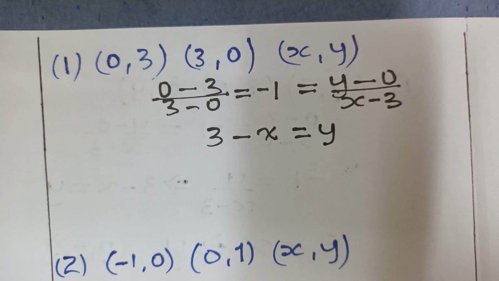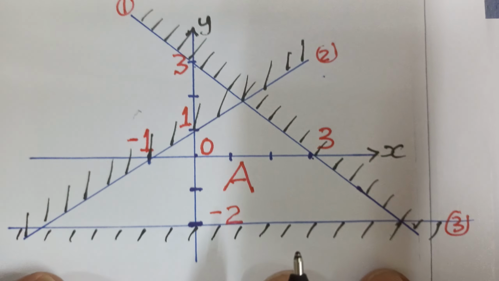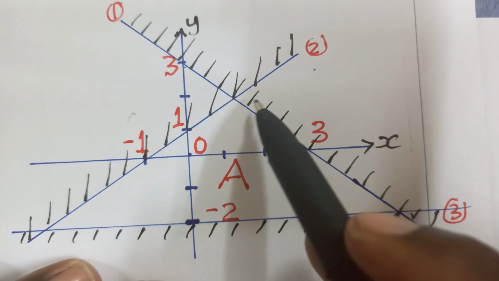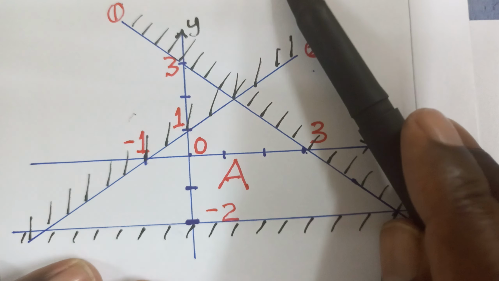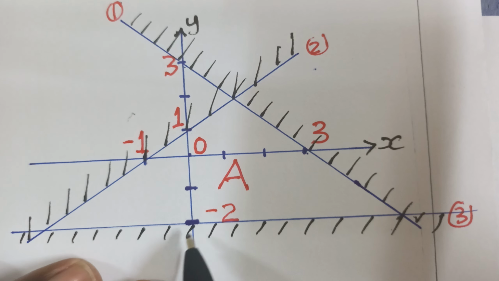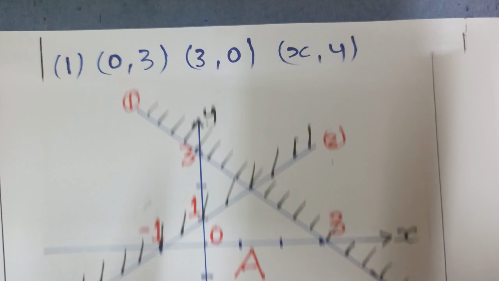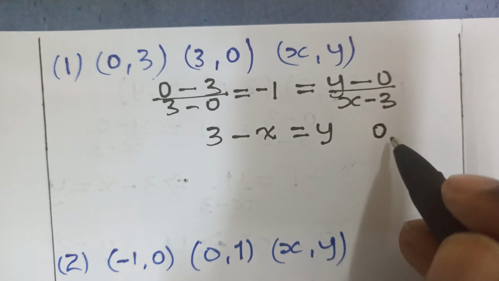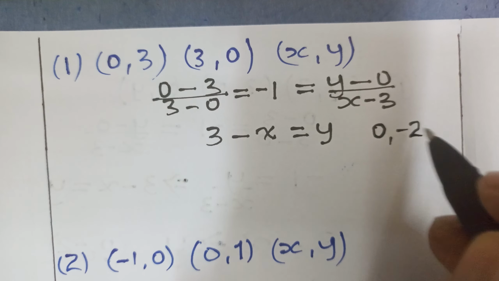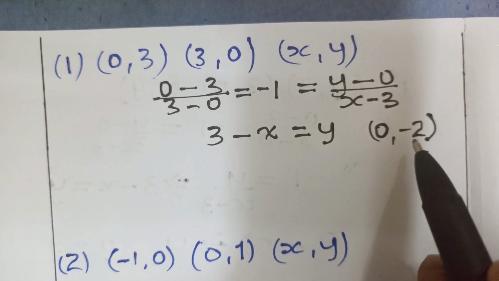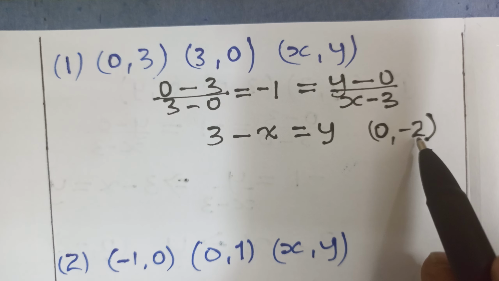Now we check a point on the desired side of this line. This side is the undesired, the desired is this other side. I can choose this negative 2, that is the point 0, negative 2. Our x is 0 on that point and negative 2 is y.